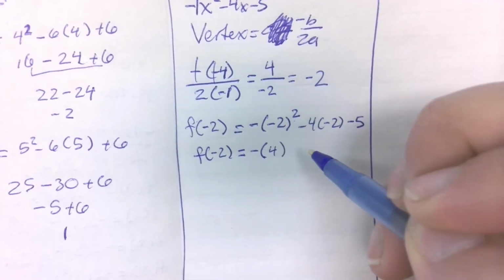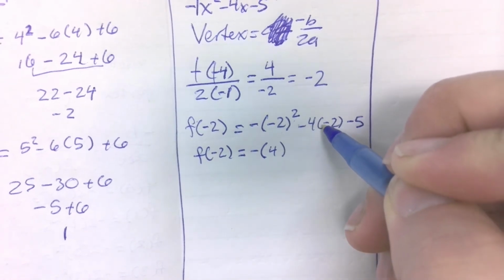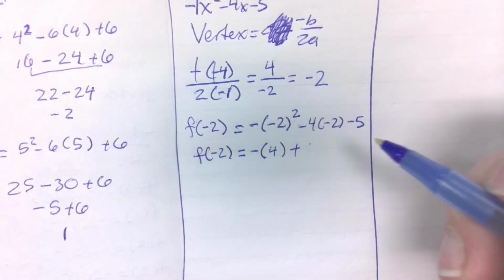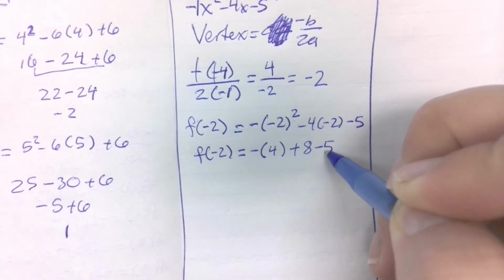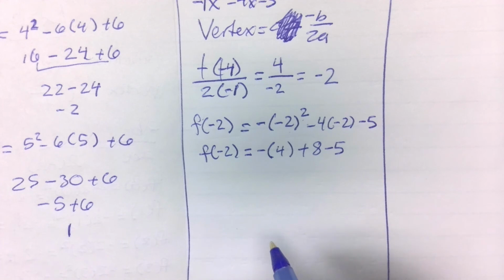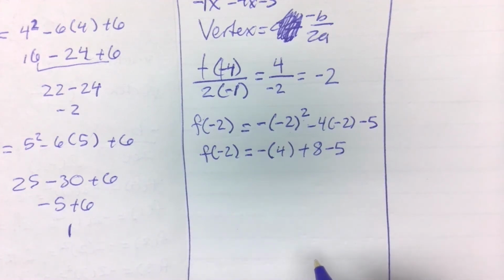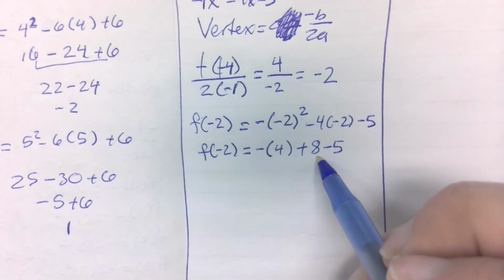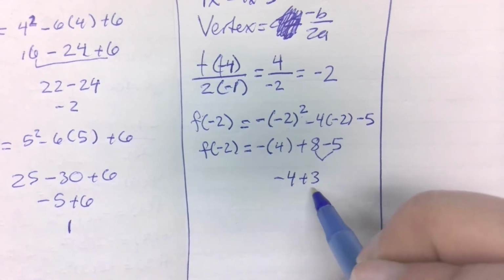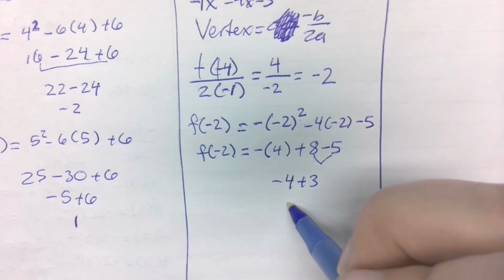A negative times a negative is a positive. What's 4 times 2? I do not care which ones go together first. Pedro, which ones do you want to put together first? Negative 4, negative 5, or 8? 5 and 8. What does that make? 3. What's negative 4 plus 3? 1. What kind of 1? Negative. Thank you.